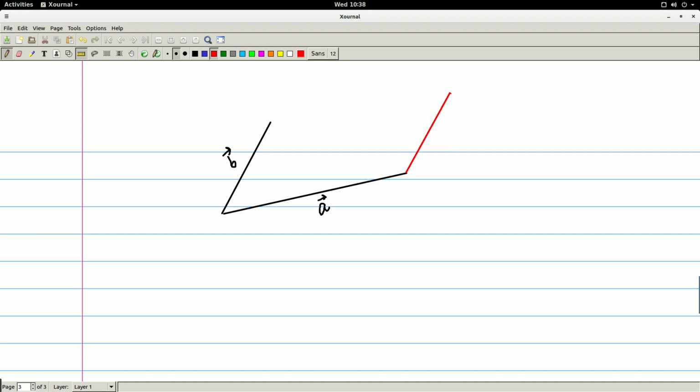So you need to find a vector that's parallel to B, and another vector that's parallel to A, something like this. Once you form the parallelogram, the resultant vector can be computed as the diagonal that goes like that. So that's vector A plus vector B. Is this thing clear?